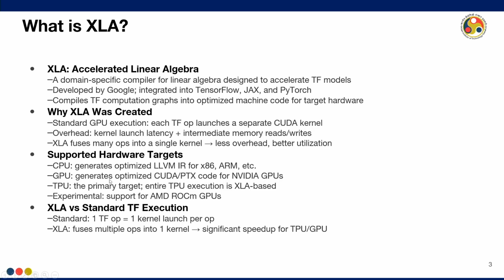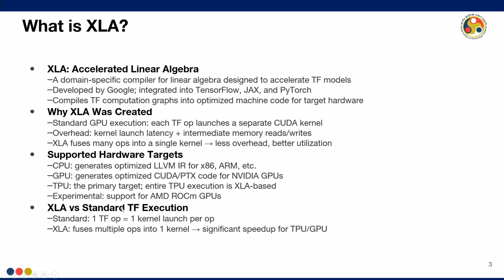For GPUs, it will generate optimized CUDA code, PTX code, for NVIDIA GPUs. For TPUs, this is the primary target as I have said, and it has additional support for AMD ROCm GPUs, which is mostly experimental, but things are getting there.